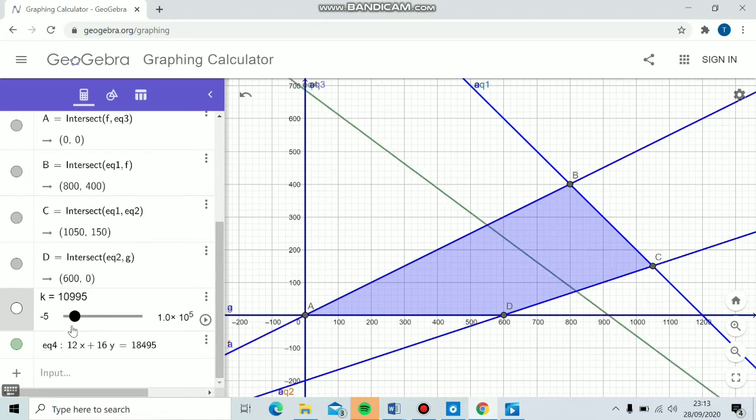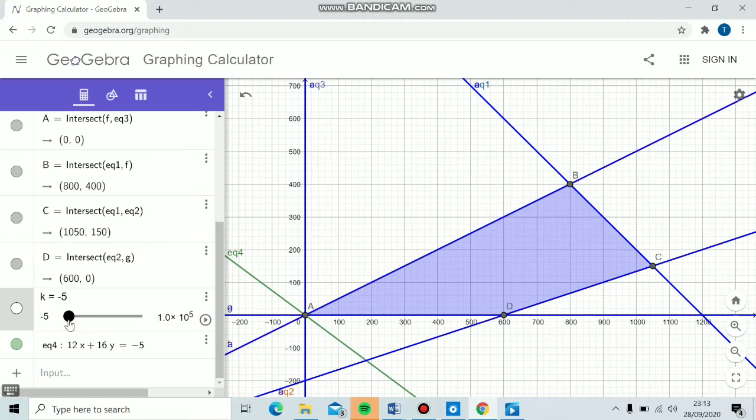The concept of the ruler method used here is that we move this line through the feasible region. We have 4 points. The first point reached by this line is the minimum point, and the maximum point is the last reached by this line, like this.